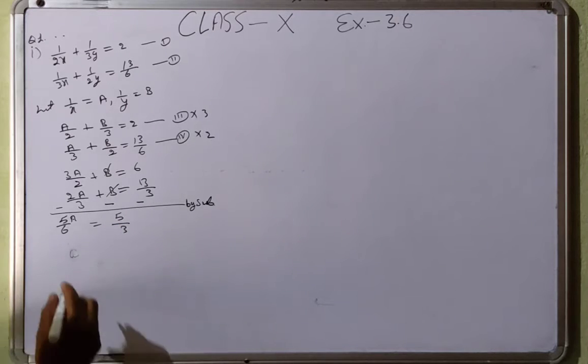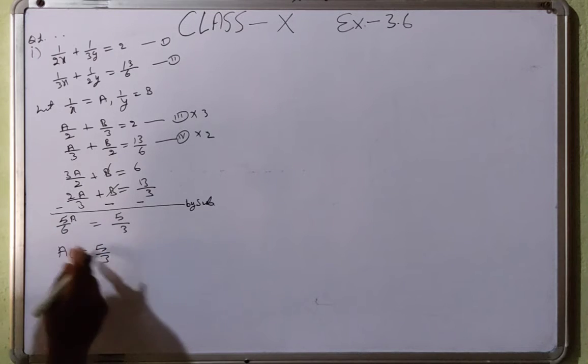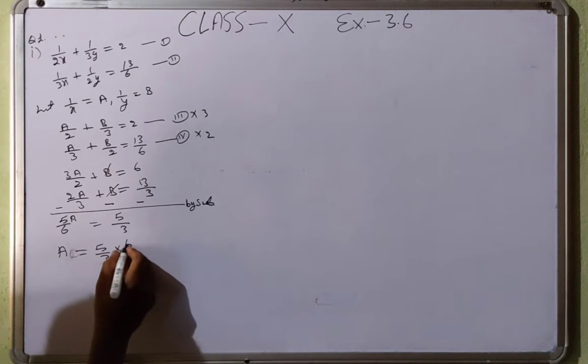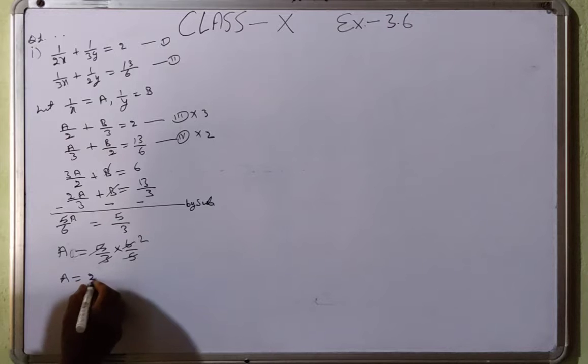Now a is equal to 5 upon 3 times 6 upon 5. 5 cancels by 5, so a is equal to 2.